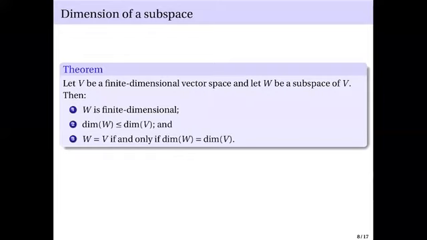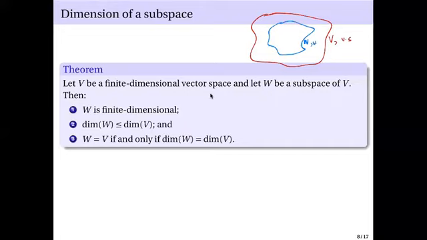So let's consider this theorem. Let V be a finite dimensional vector space and let W be a subspace of V. So remember, if you have a vector space V here, and you get a subset of V, we name it W, and it turns out that this is also a vector space.